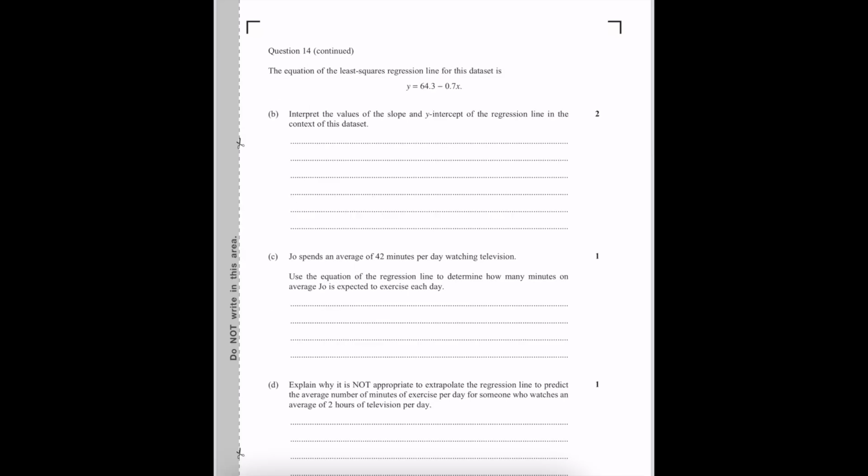Part B says the equation of the least squares regression line for this data set is y equals 64.3 minus 0.7x. Interpret the values of the slope and the y-intercept of the regression line in the context of this data set. So what we need to first identify is the slope. This is written in the form y equals mx plus b, with mx being the minus 0.7x.